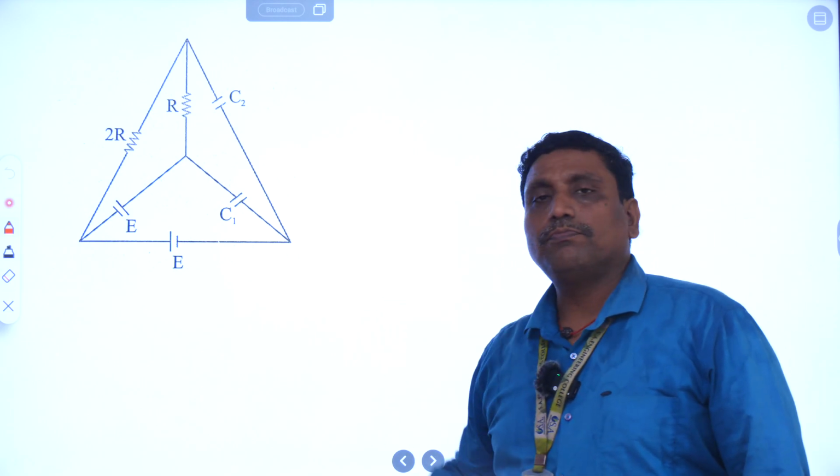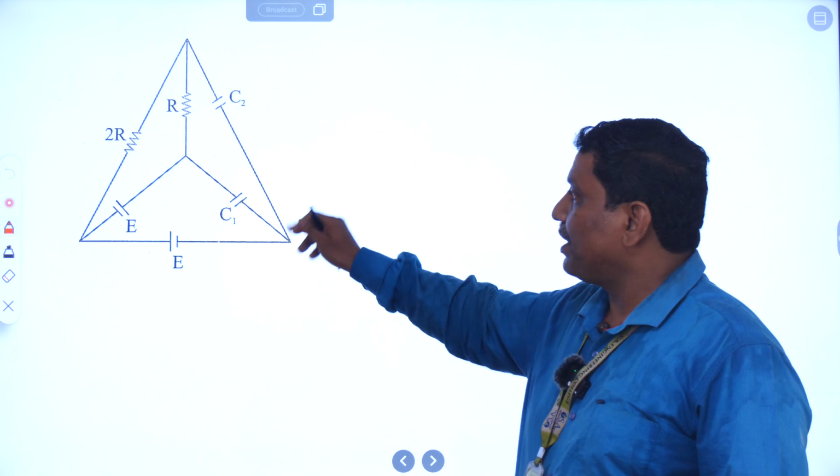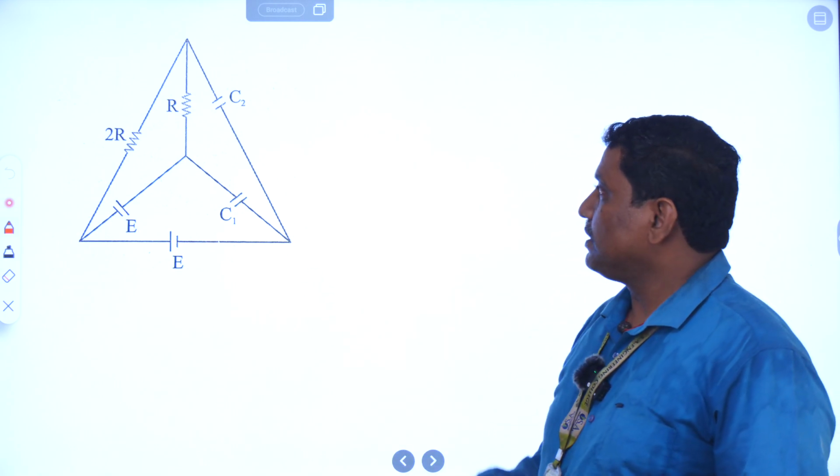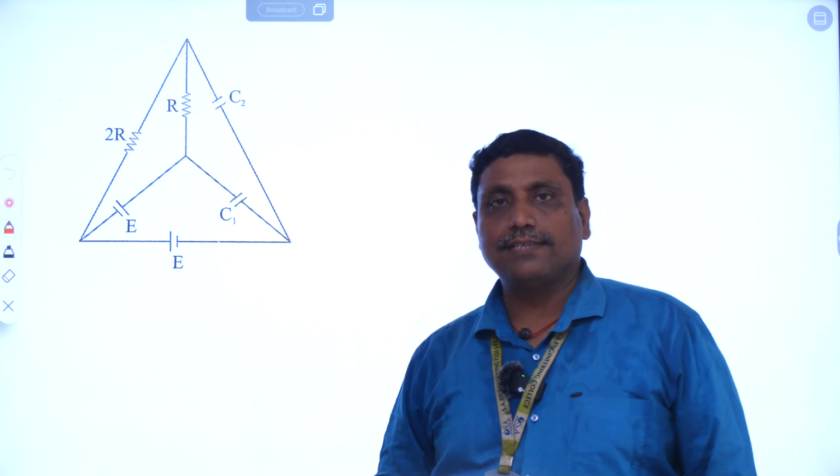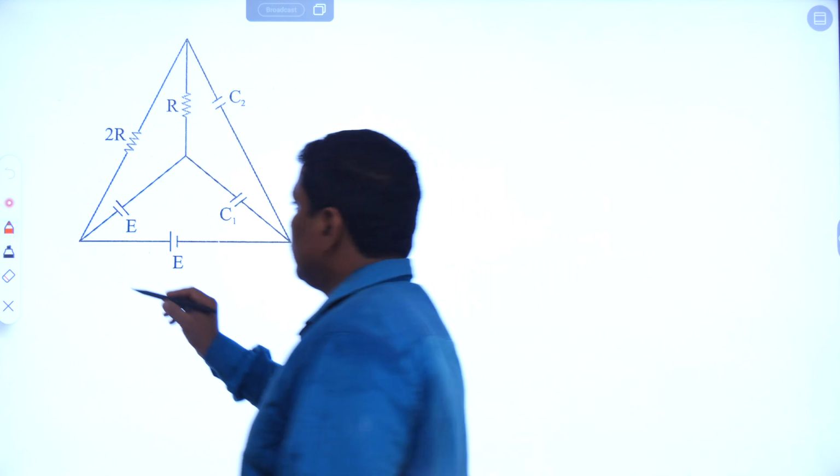So before going to this problem, first of all, we know very well what is the use of a capacitor. Clear?